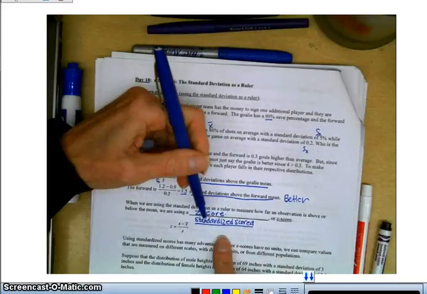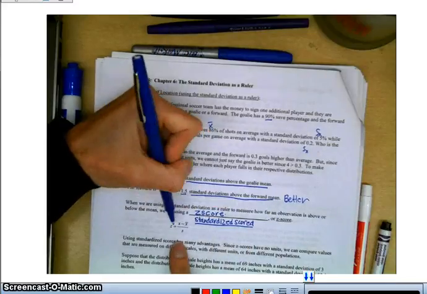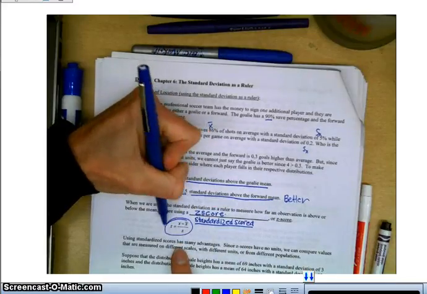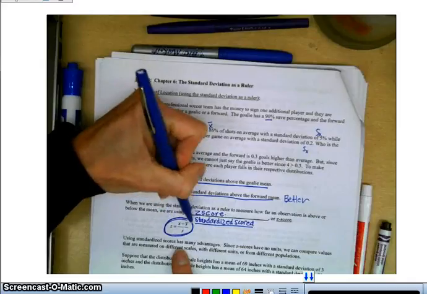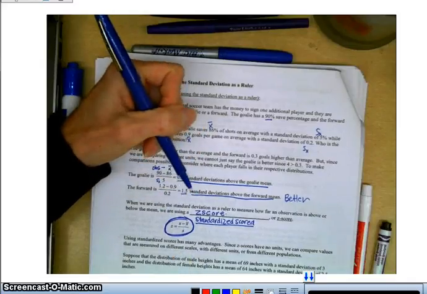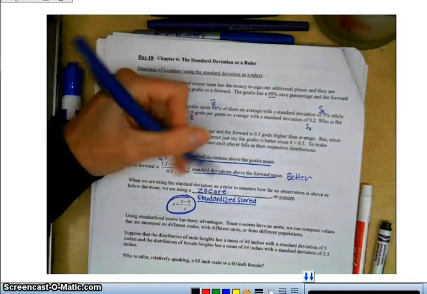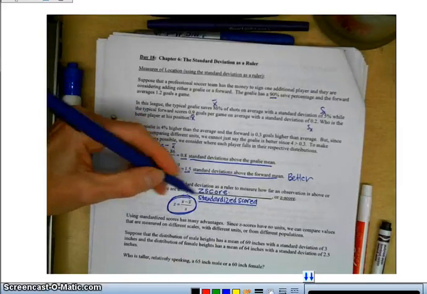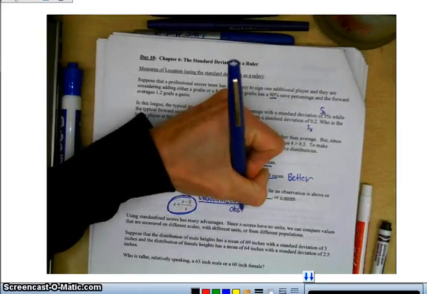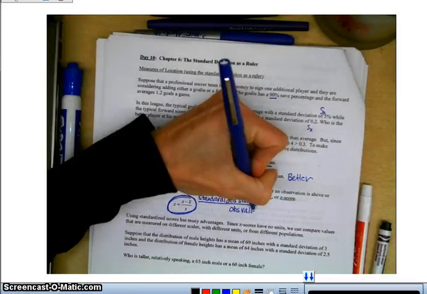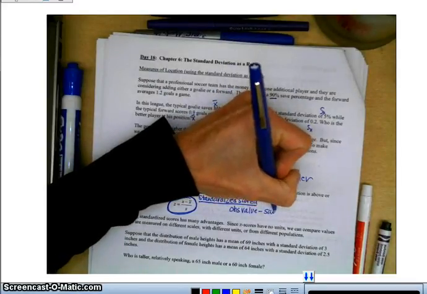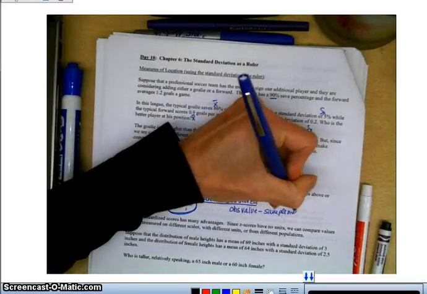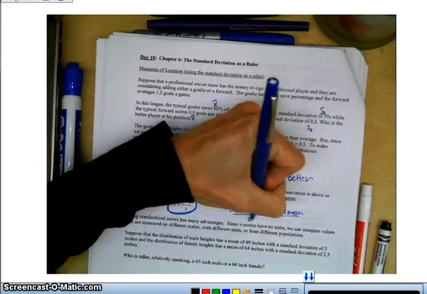The standard deviation is a ruler to measure how far an observation is above or below the mean. We're using a standardized score, or a z-score. And this is the formula for a z-score. You need to know how to find a z-score all year long. It's not going to be, I learn it for this test and I don't need to remember it. It's all year long. So it is your observed value, minus the sample mean, divided by the standard deviation.